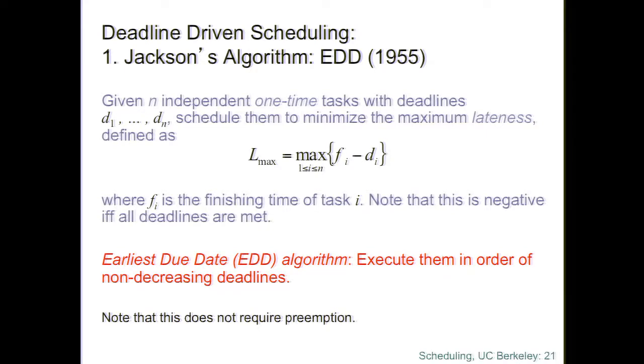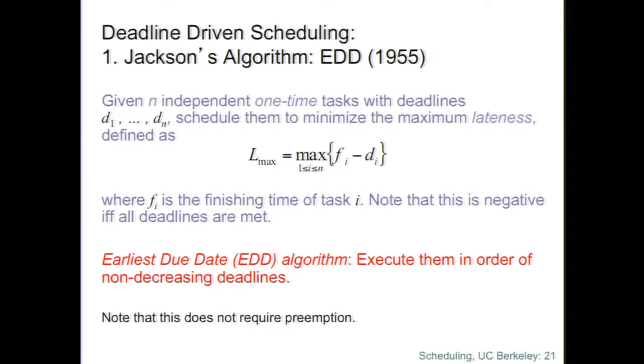Minimizing maximum lateness is probably the criterion that you use with problem sets and other assignments, right? You schedule them to minimize the maximum lateness, and if your maximum lateness is negative, you got them all in on time. But if your maximum lateness is positive, but it's a small number, maybe you can be forgiven. But if it's a big number, you're probably not going to be forgiven because the solutions have already been posted, and you're not going to be allowed to turn it in, right?